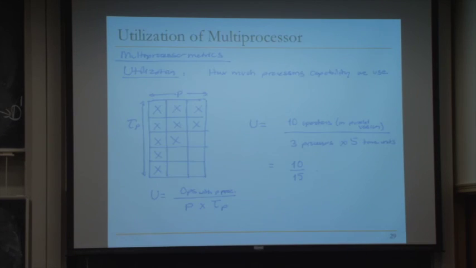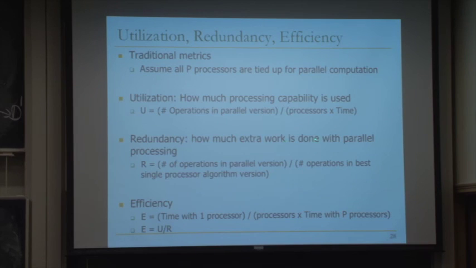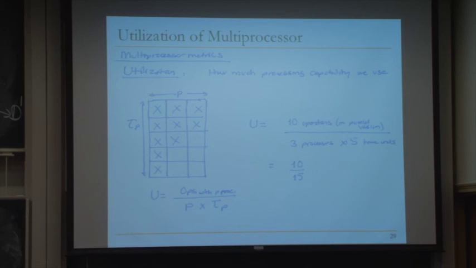Redundancy is how much extra work is done with parallel processing. Normally your redundancy increases as you increase your parallel processing because you have overhead in terms of synchronization, right? It didn't happen in this example, but redundancy is essentially the number of operations you do in the parallel version divided by the number of operations you do in the best single processor algorithm version.